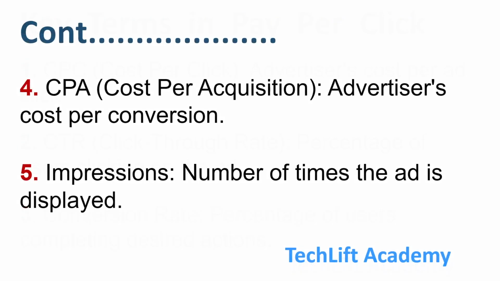Then our fourth is cost per acquisition. This is the advertiser's cost per conversion. Every time someone buys a product, what is the actual average cost of acquiring one customer, one subscription, one purchase, one sign up? What is the actual cost? How much do you have to put in as an advertiser?